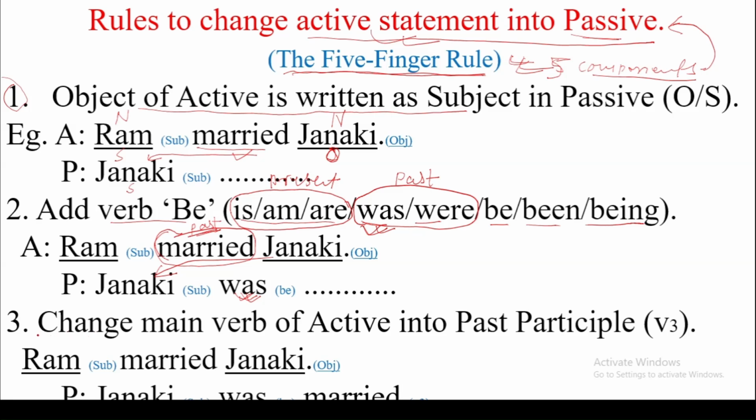Then the third step: we change the main verb of active voice into past participle, means the third form of verb. After verb be, we change the main verb of the active sentence into past participle, means V3. So the main verb is married here, and now we have to change married into V3.